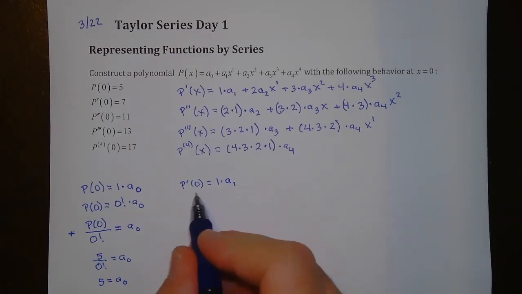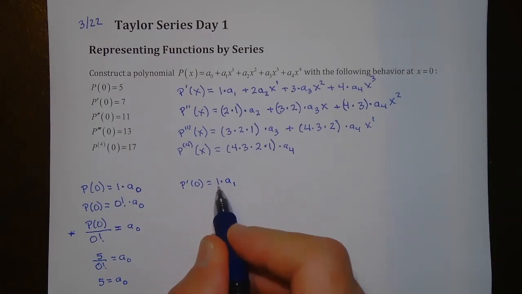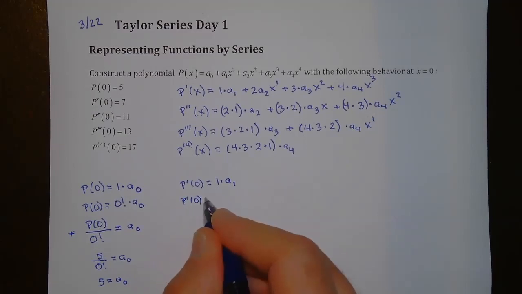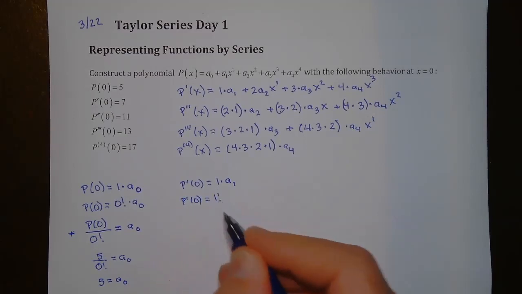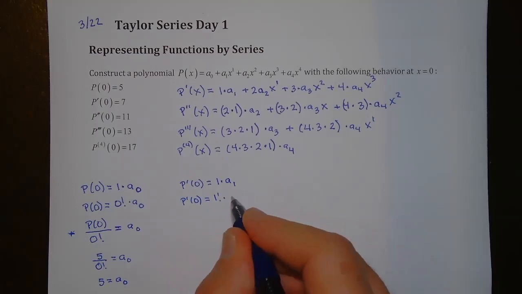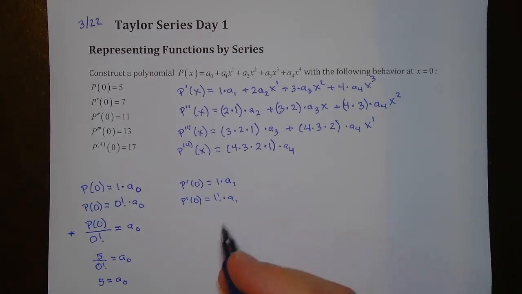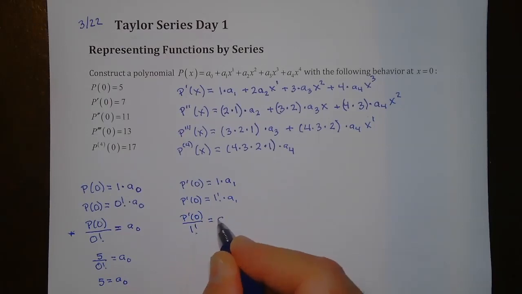This 1 right here is really 1 factorial. So p prime of 0 is equal to 1 factorial times a sub 1. So 0 factorial and 1 factorial are both 1. And so then we have p prime of 0 divided by 1 factorial is equal to a sub 1.